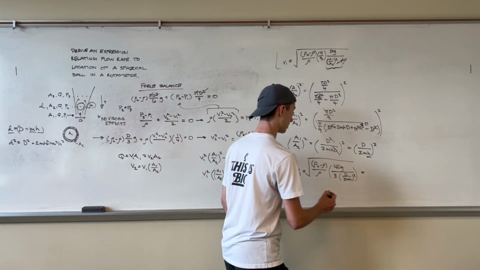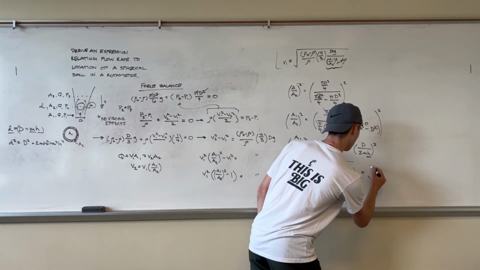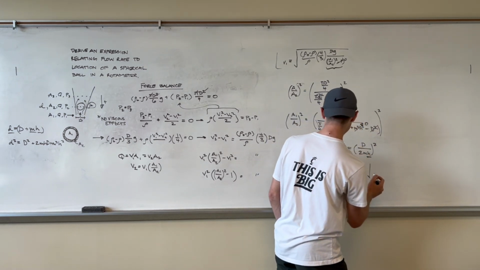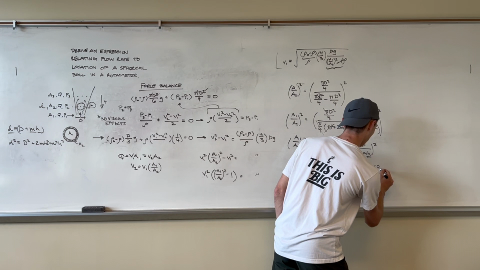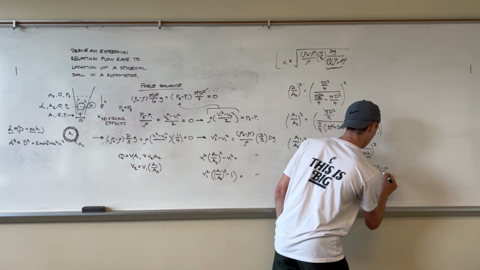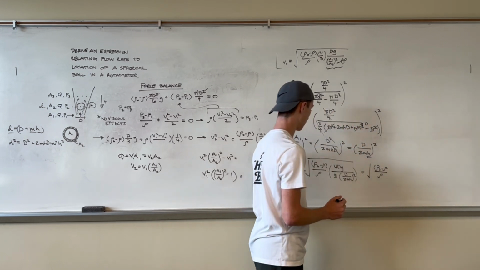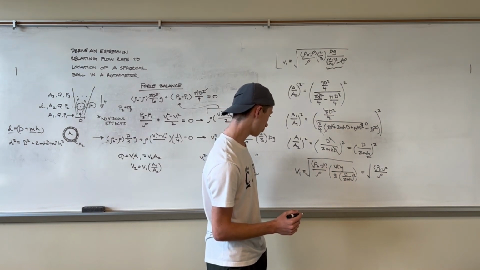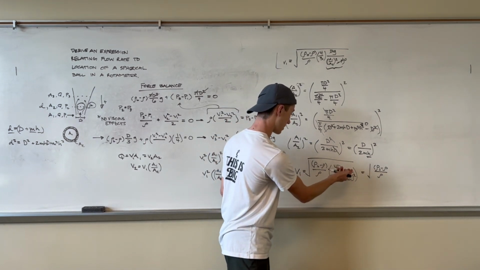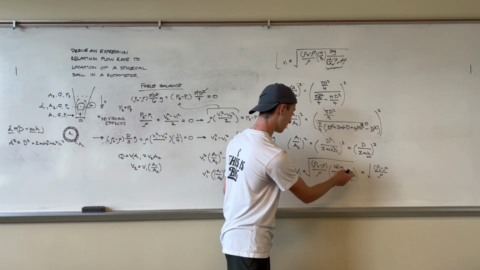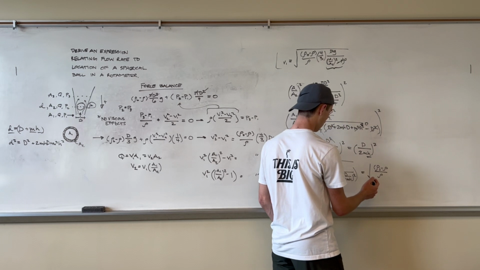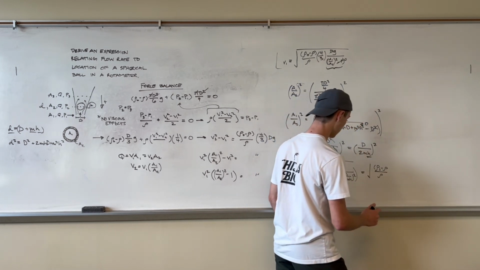We can say square root of our effective density. We're going to flip this, put it up top. 2 squared times 4 is 16. I'm doing too much at once. Let's just do this in a few steps.